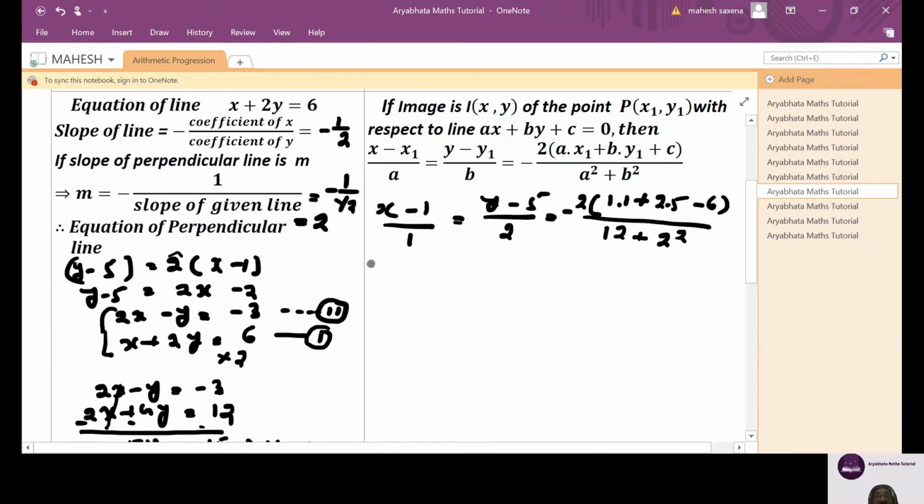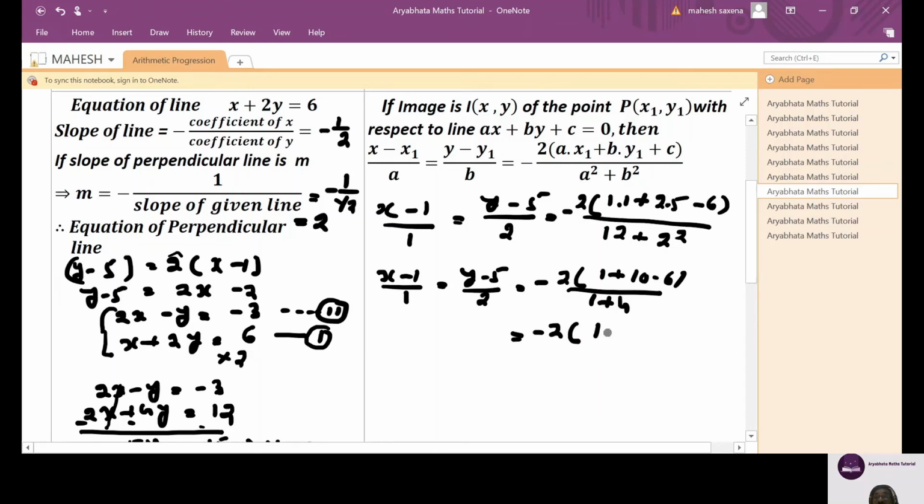Therefore, it will be x minus 1 upon 1 is equal to y minus 5 upon 2 is equal to minus 2 into 1 plus 10 minus 6 upon 1 plus 4, that is equal to minus 2 into 5 upon 5, that is equal to minus 2.